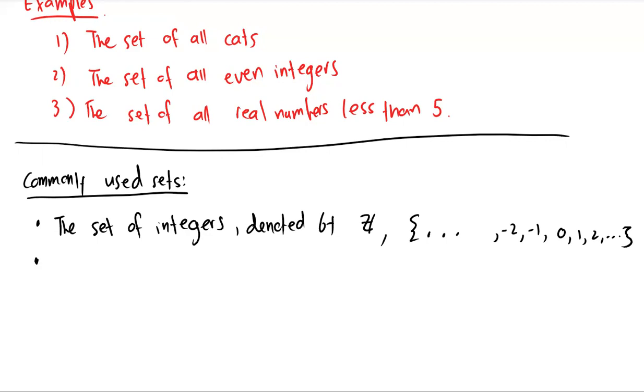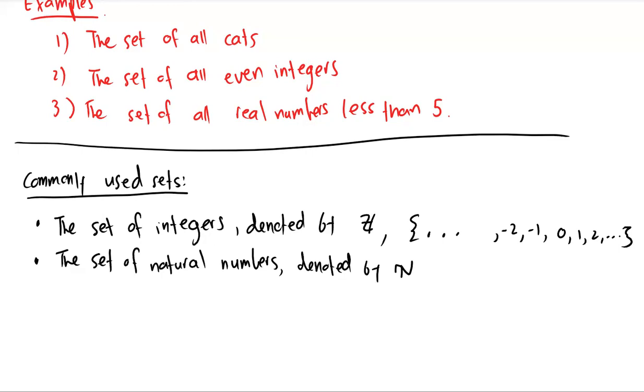Secondly is the set of natural numbers, which is denoted by N with an extra vertical line.